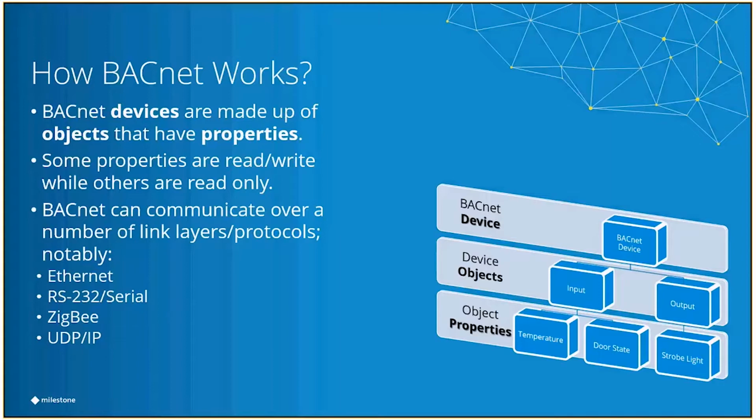However, it can also communicate over traditional UDP or IP. One I found interesting was Zigbee, which opens up the world for some wireless communication. You may be aware that some access cameras lately have been coming out with Zigbee support, which, if I infer this correctly, means we could maybe connect those cameras through a BACnet network and communicate with them. So it's kind of interesting.